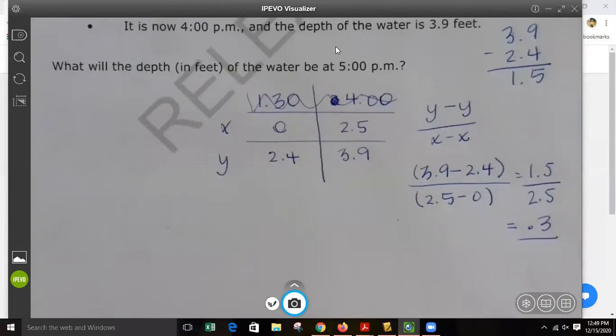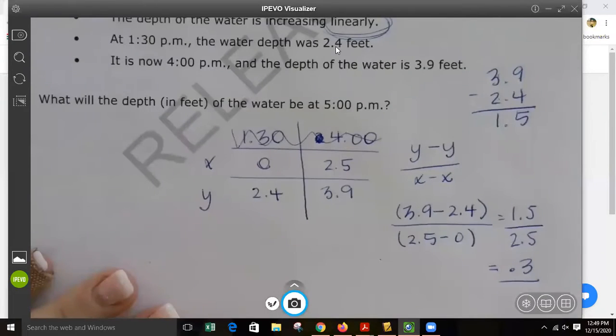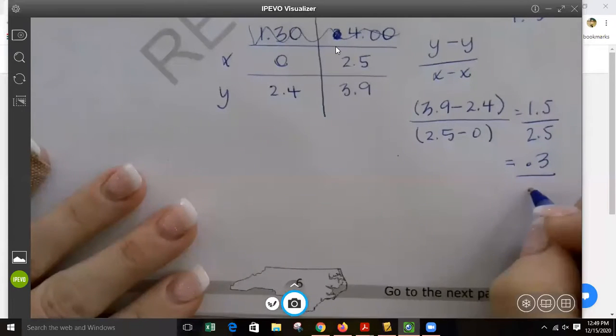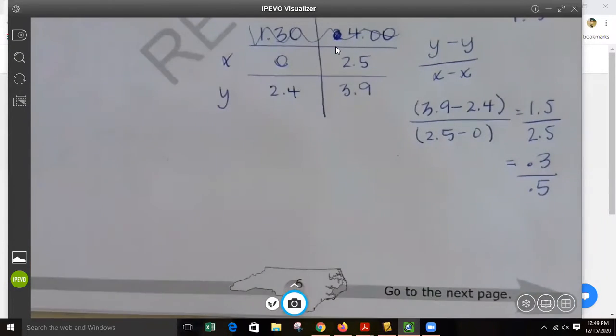Does that make sense? All right, what about the next one? 25 divided by 5 is 5, so it's going to be 0.5.